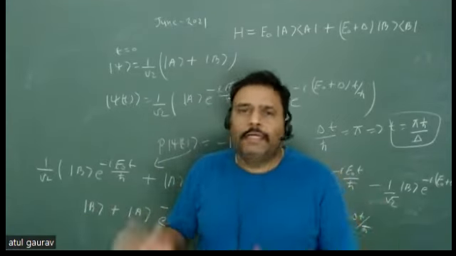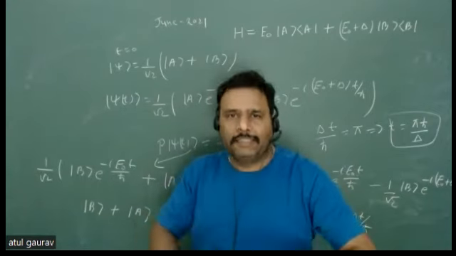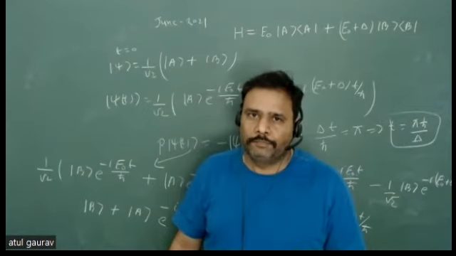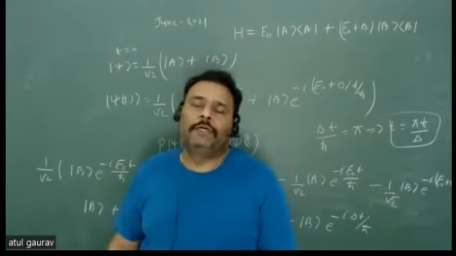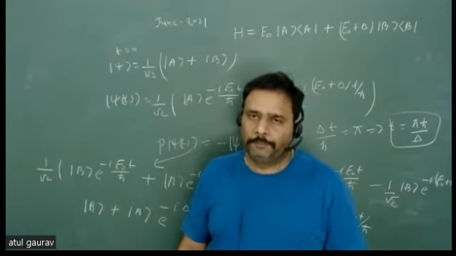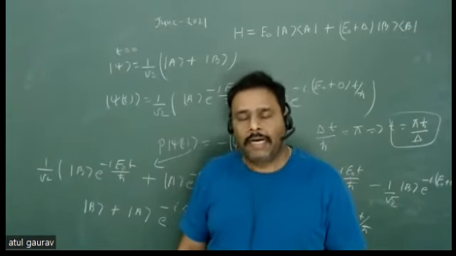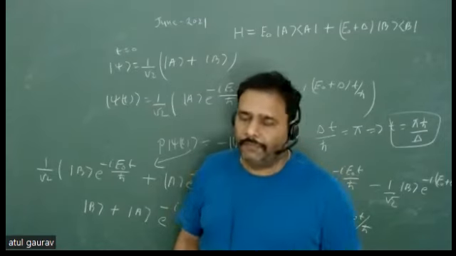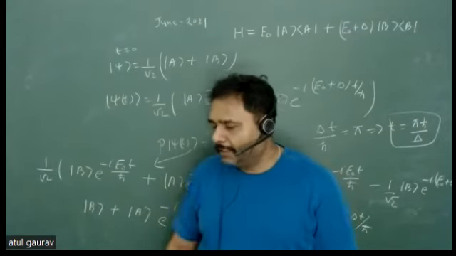If you know all the definitions, you can do it step by step and you will get the answer. Look at this level of your exam. So I request you, go and do each and every step by yourself.